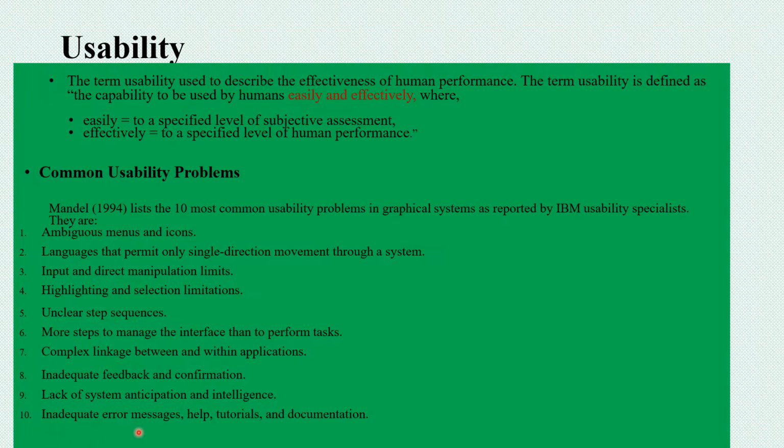And inadequate error messages, help, tutorials and documentation. If the error messages displayed on the interface are not sufficient, help is not associated with many tutorials, or documentation is not properly given in the software, then the performance will automatically degrade.